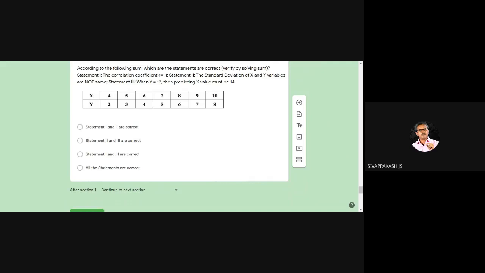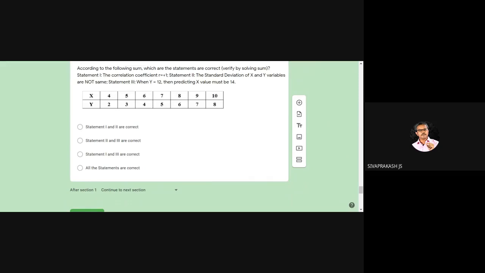Yes, so 14 is correct. But here they are saying the standard deviation of x and y variables are not same. So the answer should be 1 and 3.